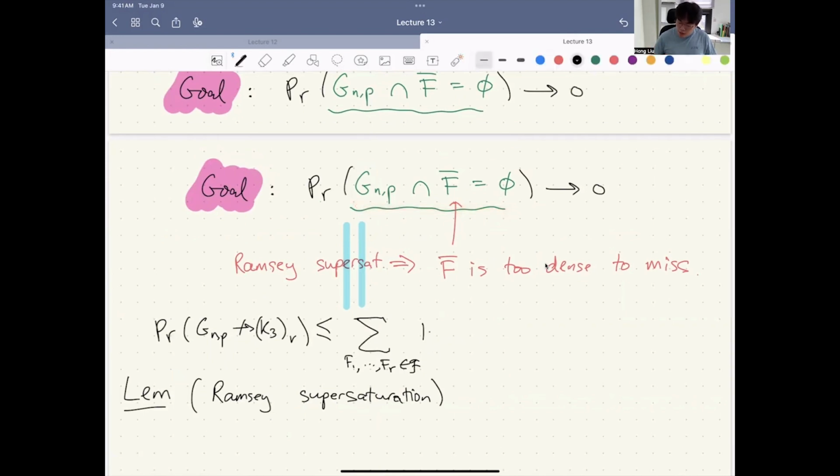That means an edge is not present in the random graph with probability 1 minus P. And how many edges? E of F bar. Okay, so this is what we want to prove, tending to 0.